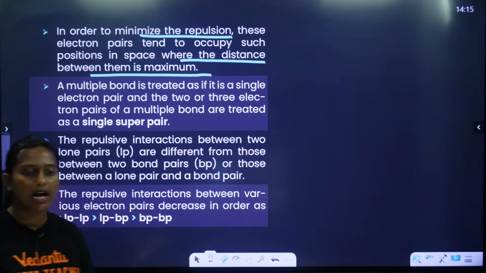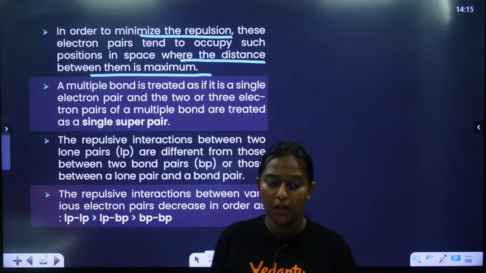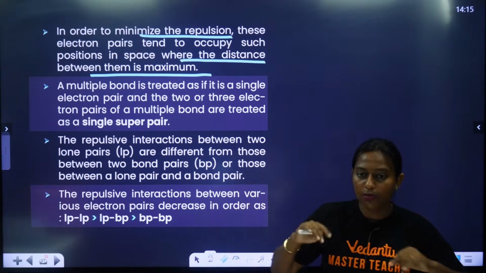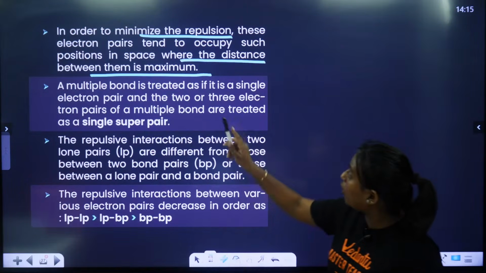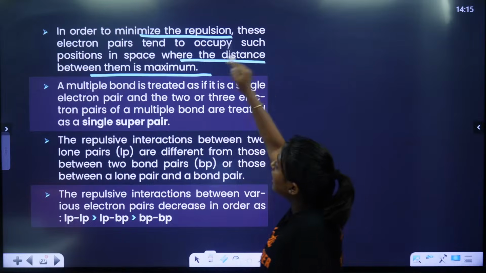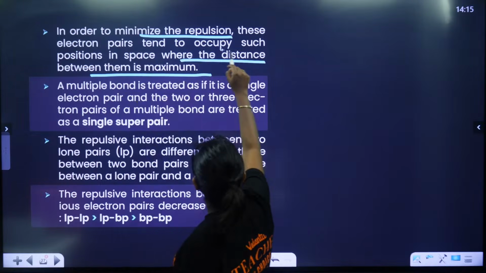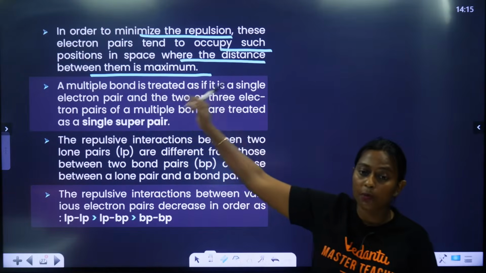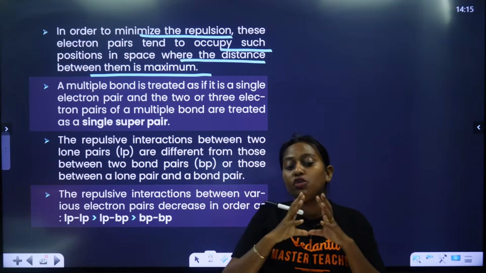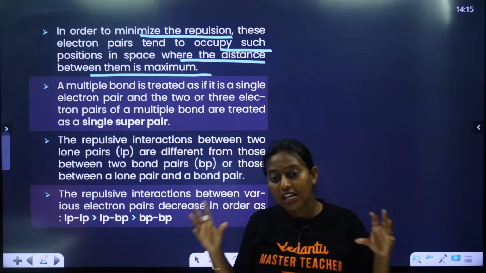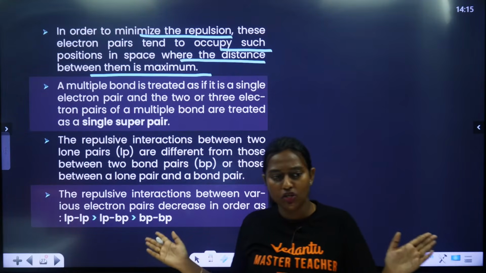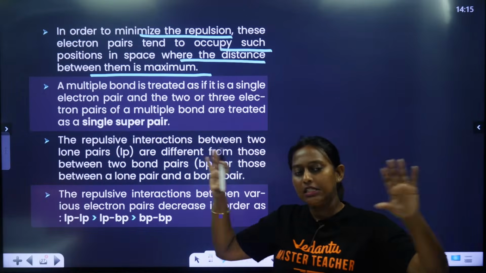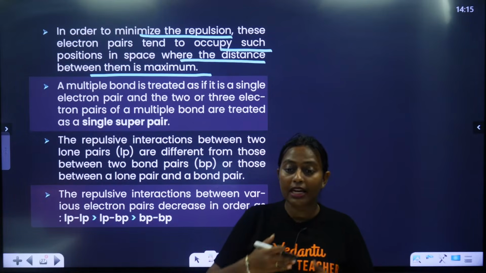If the distance is maximum, repulsion will reduce. How can we reduce the repulsion? Stay away, and keep a proper distance.